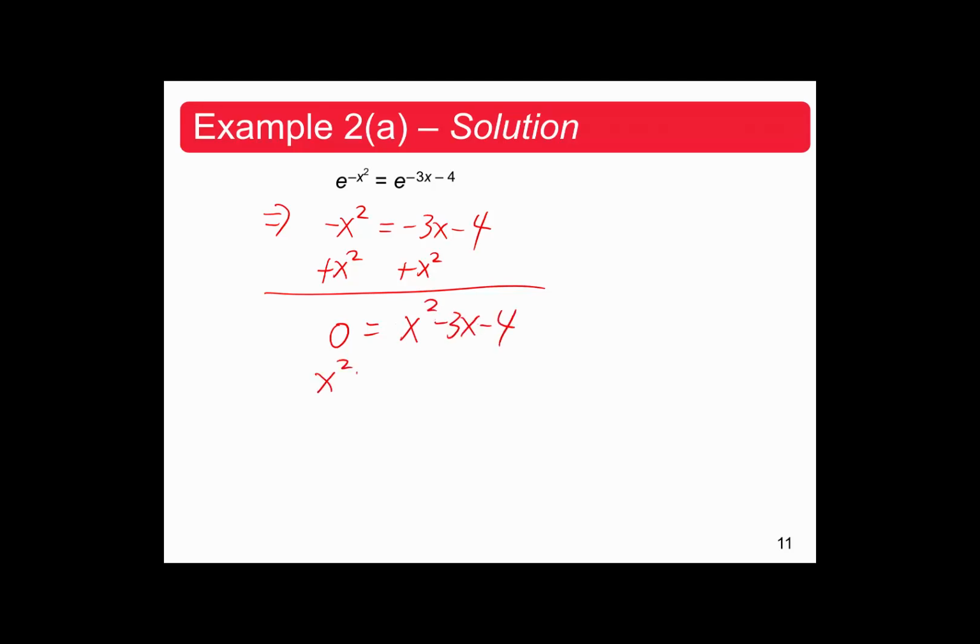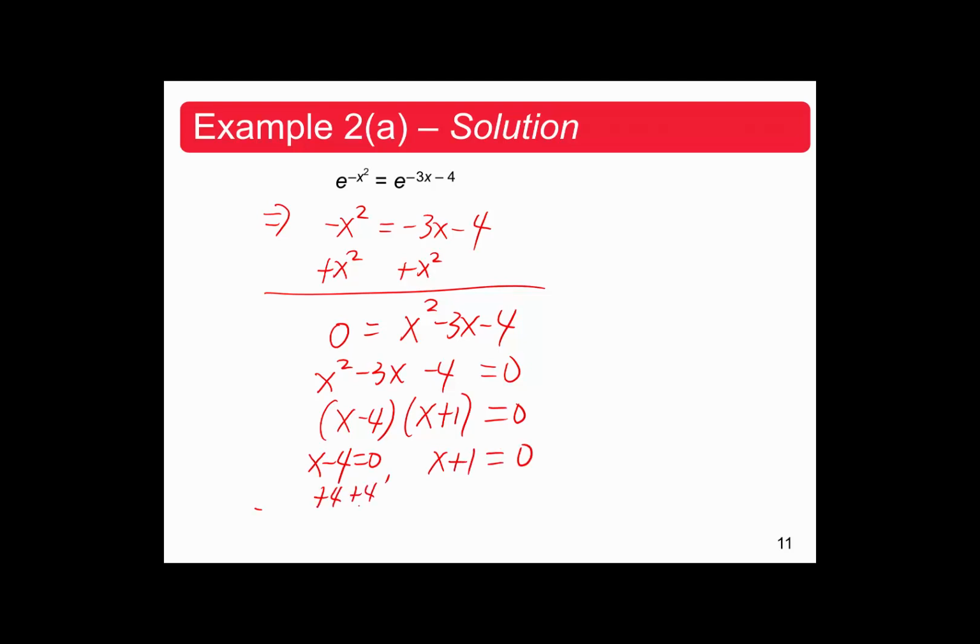For this quadratic equation, you can solve for x by factoring: x minus 4, x plus 1. So x minus 4 equal to 0 gives the first solution, x plus 1 equal to 0 gives the second solution, x equal to 4 and x equal to negative 1. So two solutions using the one-to-one property, right? This is what we call the one-to-one property.